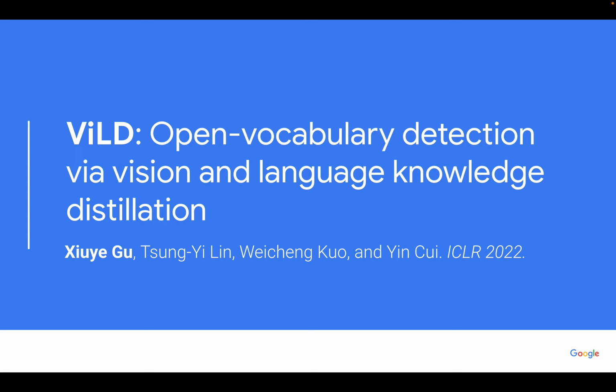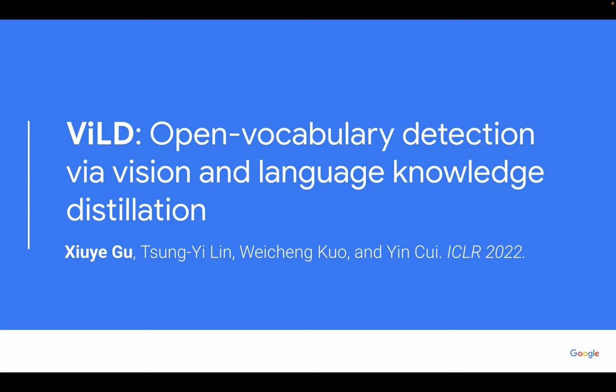So now that there are these very powerful open vocabulary classification models, we wonder if we can also add open vocabulary capacity in other vision tasks, for example, detection and segmentation.